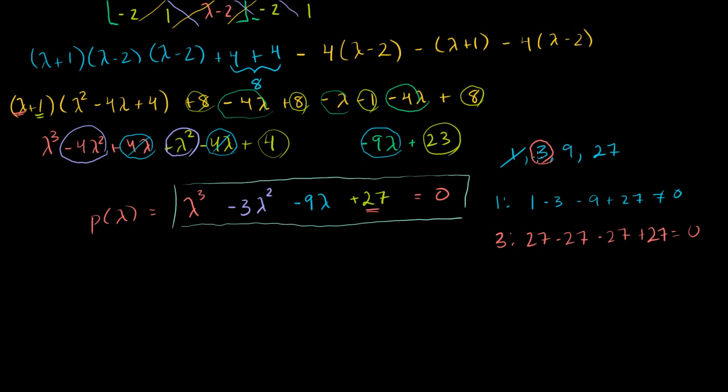So lucky for us, on our second try, we were able to find a 0 for this. So if 3 is a 0, that means that lambda minus 3 is one of the factors of this. So that means that this is going to be lambda minus 3 times something else. So let's see what the other factor is.